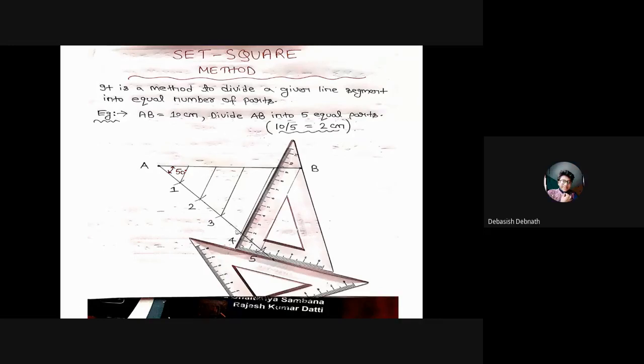But sir, on the first point, how can I do that? On number 1 point, how can we do that? Because on number 3 point, the base is end, and after that... See, I am having a set square of smaller size.